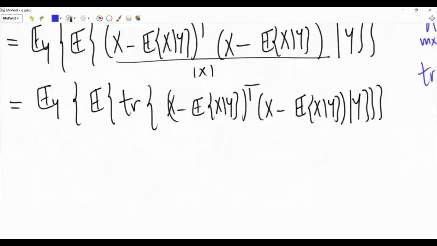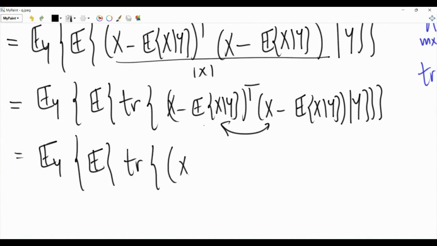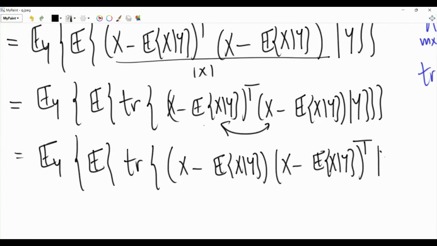We will convert the inner product into an outer product by swapping the row vector and the column vector. So this is the expectation over vector y of the inner expectation given y, and then I will write the trace. We will write the column vector first, and then the row vector, which is the transpose of the column vector. Now this is an n by n matrix. We have an outer product.